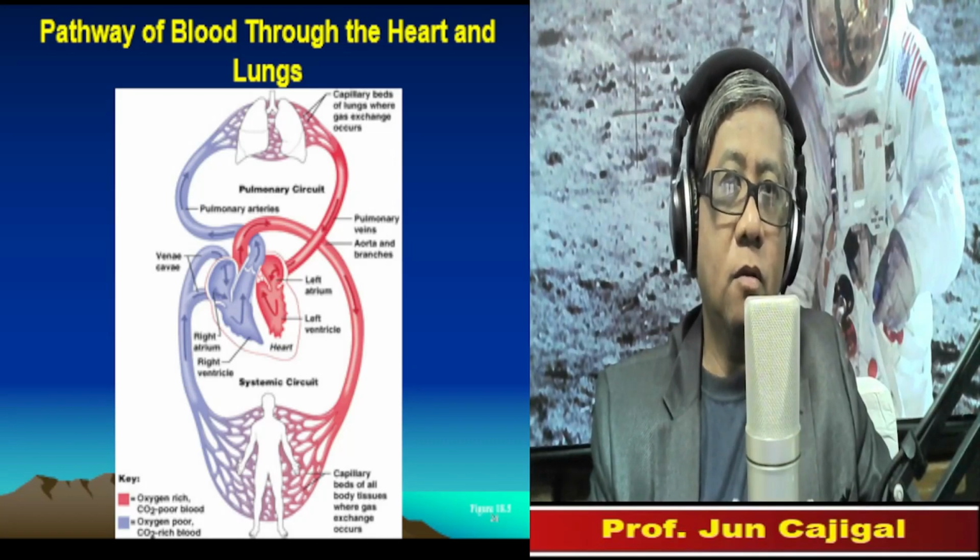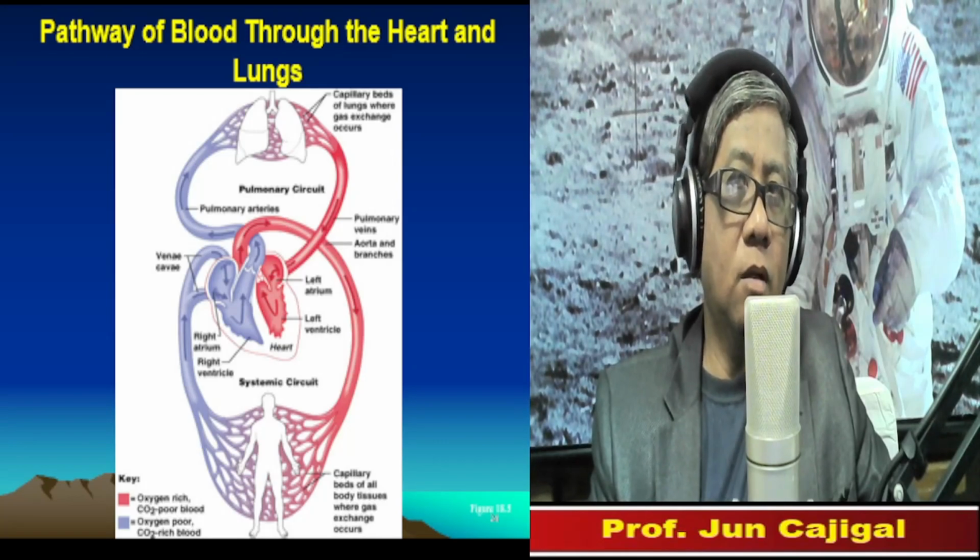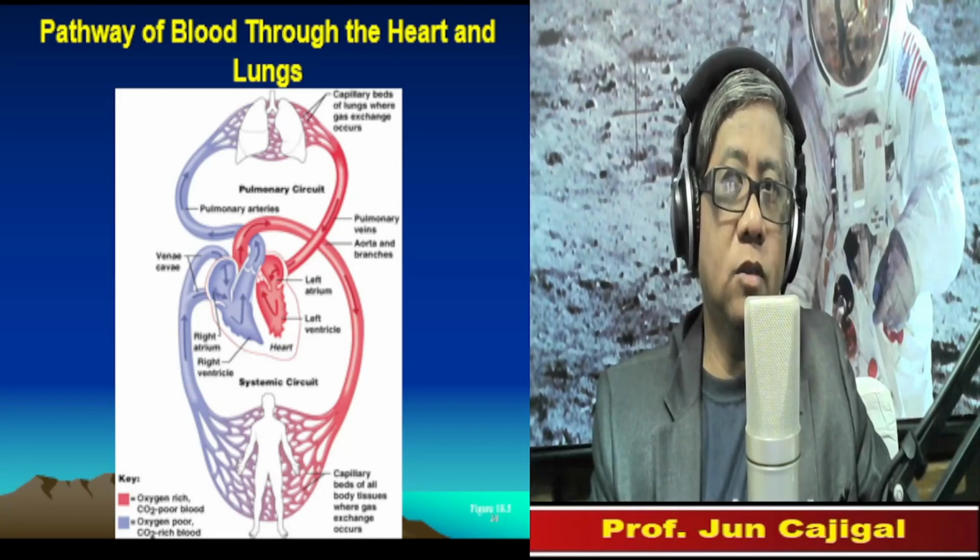The right ventricle contracts, forcing the blood through the pulmonic valve. The pulmonic valve opens. Then the blood enters the pulmonary artery that delivers the deoxygenated blood to the lungs. Then inside the lungs, carbon dioxide is released and the blood is replenished with oxygen.